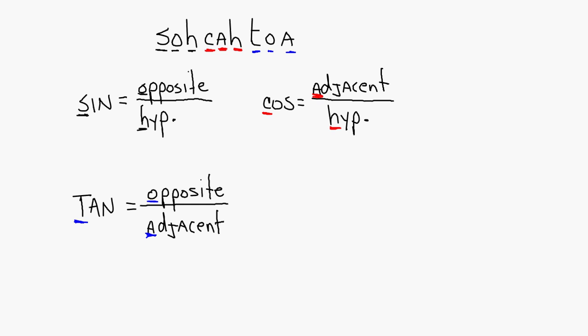All right, so now we're going to write some sine, cosine, and tangent ratios of some angles in a right triangle. So look at the top of page 569. You got triangle QRP.